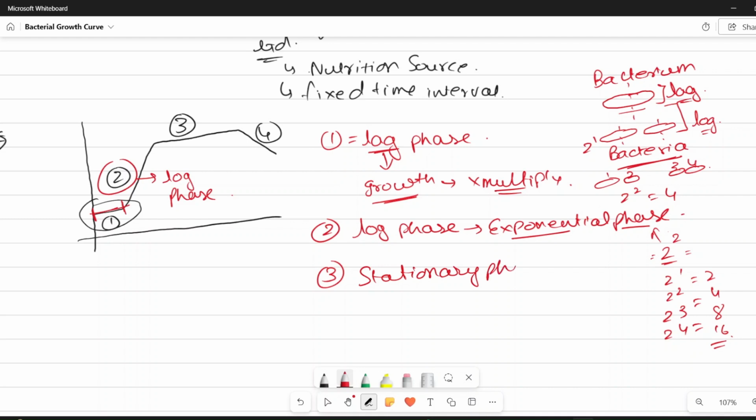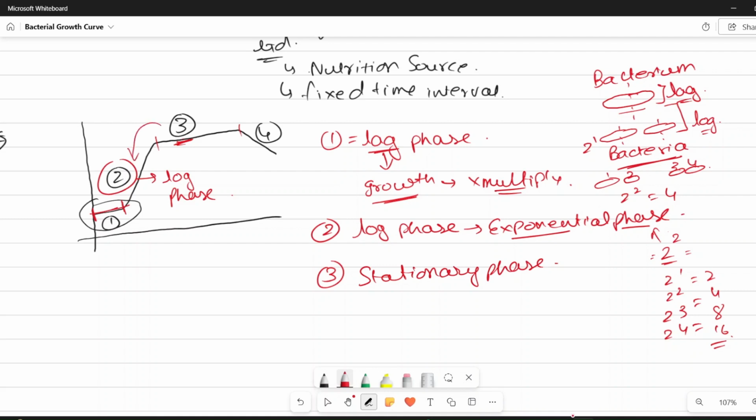Then comes the stationary phase. So the third part is called the stationary phase, where you can see that just like the lag phase, the stationary phase also represents a limited population. The bacterial growth is there, but it is not exponentially rising.